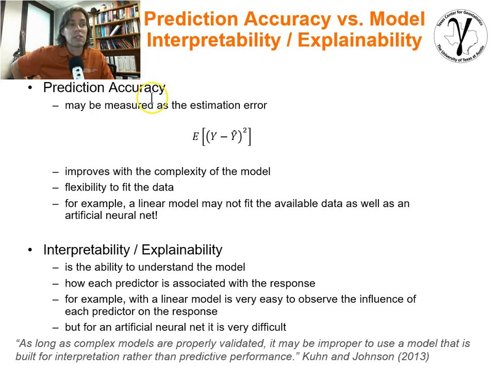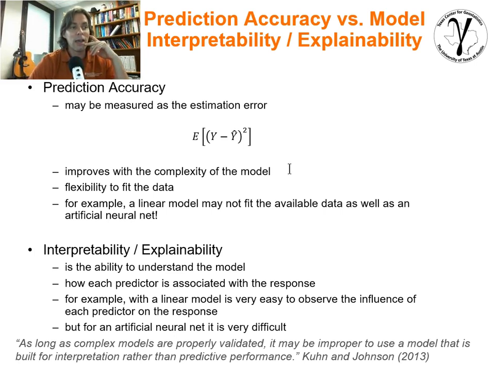Well, prediction accuracy, we can use estimation error, the expectation of the true value, in the case of training data, it would be the training data, in the case of testing data, it's the testing data, minus the model estimate, and we take the square of that and take the expected over that. Well, in general, prediction accuracy will improve as the complexity of the model increases, and I'll define complexity shortly.